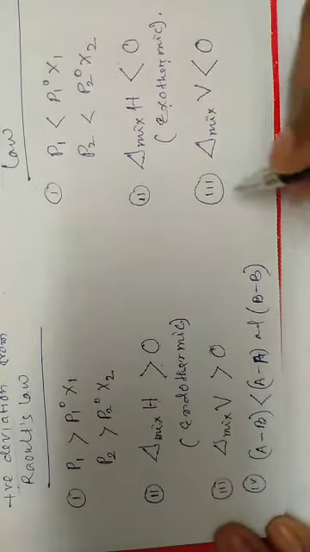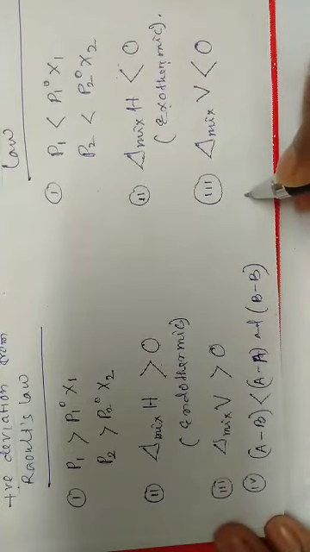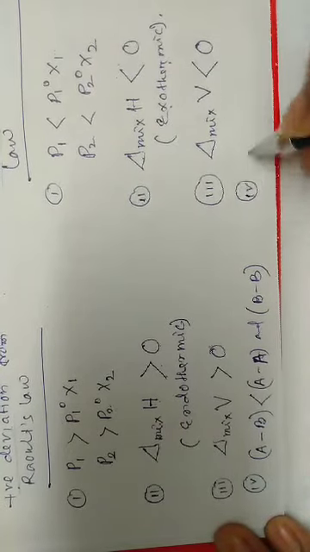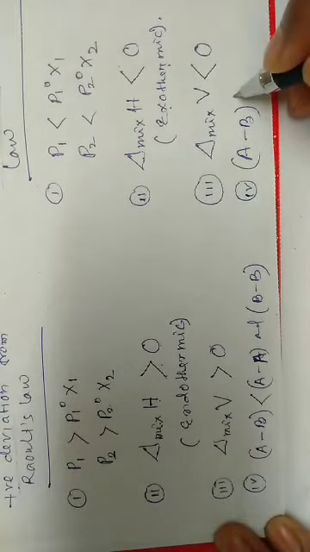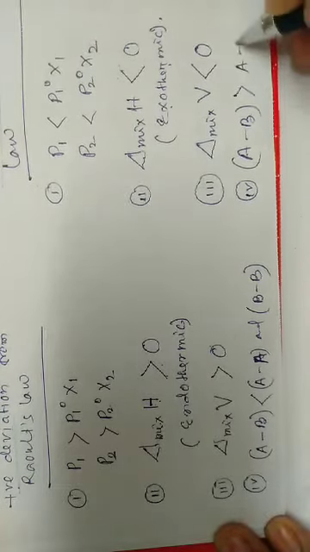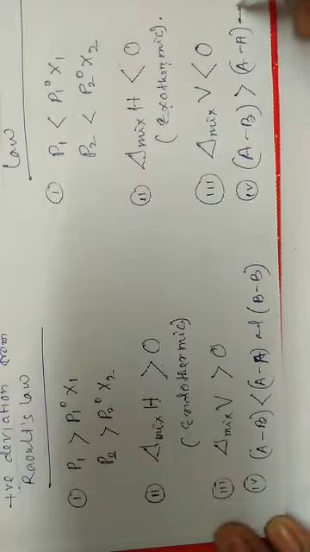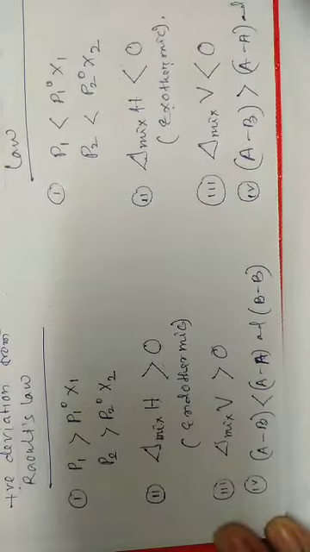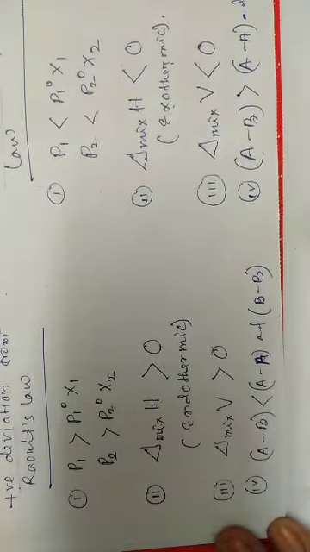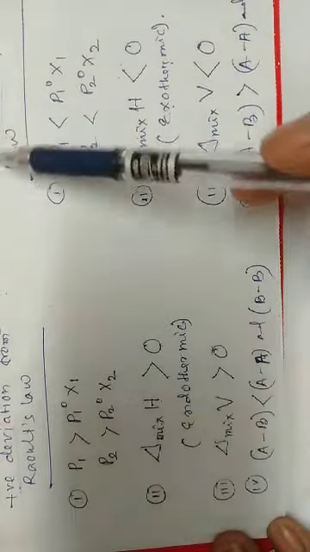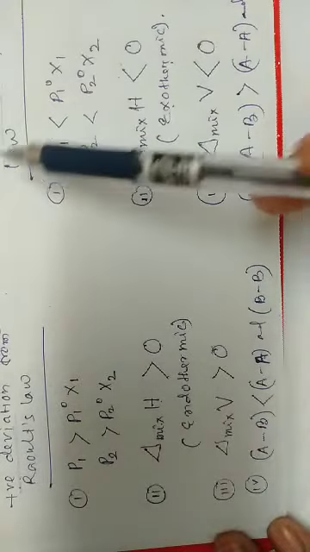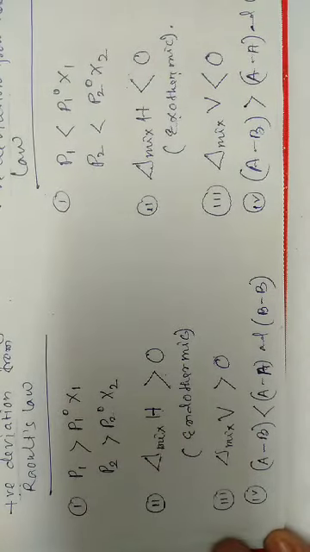But in negative deviation, solvent-solute interaction is greater than the solvent-solvent and solute-solute interactions. So these are the differences between the non-ideal solutions having positive and negative deviation from Raoult's law.